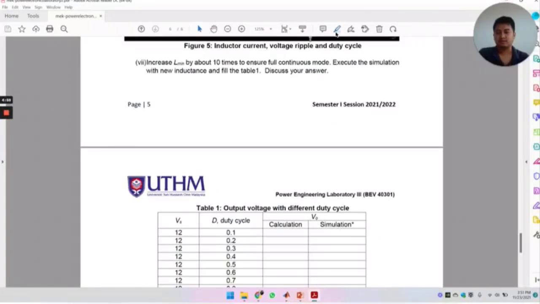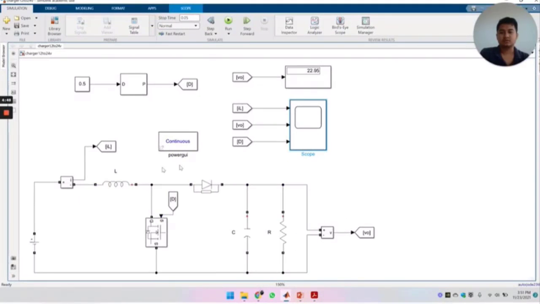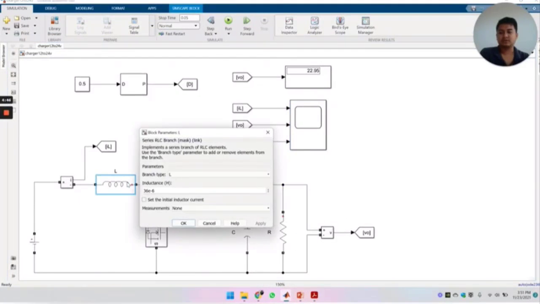Next, for question number 7, increase the Lmin by 10 times to ensure full continuous conduction. So we change the value of inductance to 360 micro.